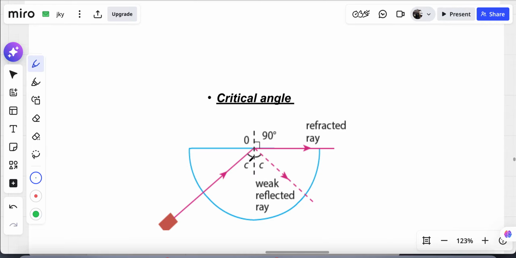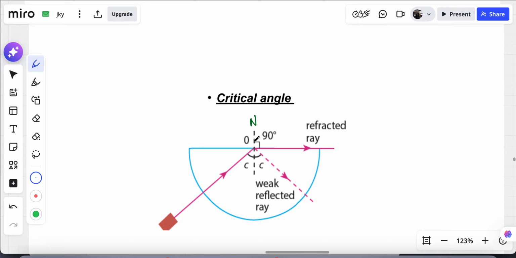So they ask what is critical angle when a ray is traveling from an optically denser medium to a less dense medium. You start with the angle of incidence for which the refracted ray is at 90 degrees to the normal. Here is the normal. This broken line is the normal. It's at 90 degrees.